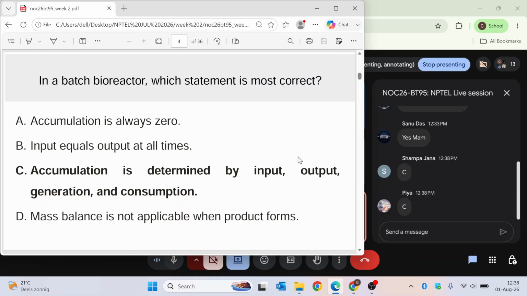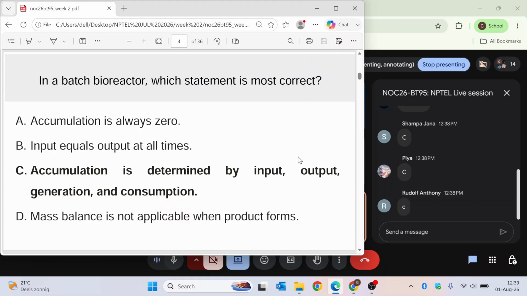In a batch reactor, accumulation is not always zero because it doesn't operate under steady state conditions. And B also means the same. In a batch reactor, there is no continuous input and continuous output. We just feed it, let the reaction get over, and then only take out the product. So there will be accumulation, and ideally there is no input and output in a batch system.